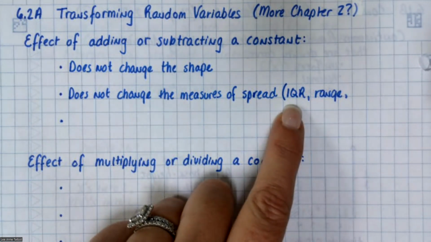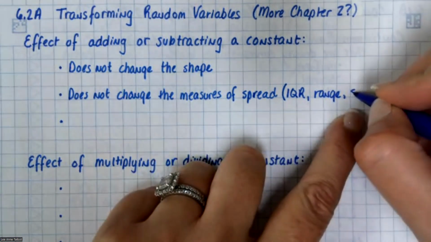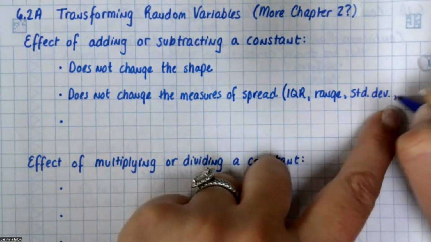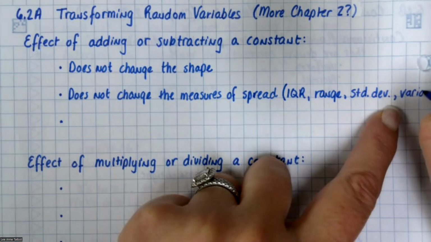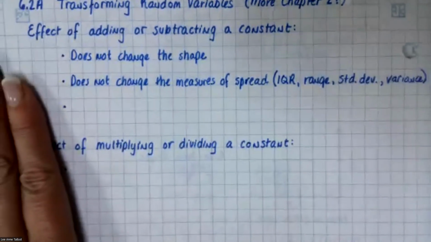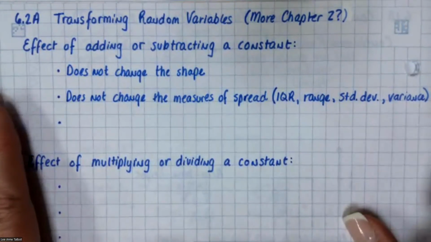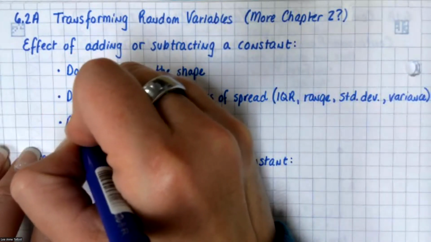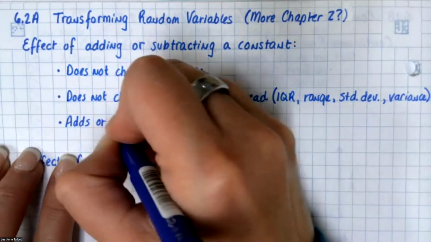There's another one, it's got a long name: standard deviation. Variance. There's probably others, but those are our most common ones. This is the part that you need to know.